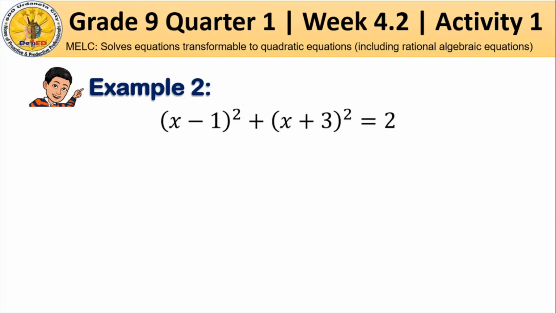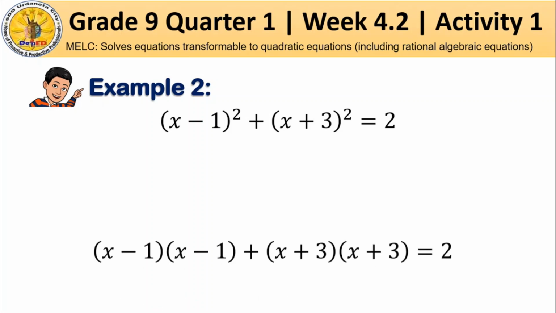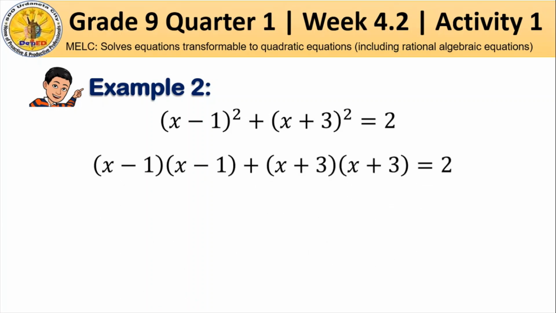We have the quantity x minus 1 squared plus the quantity x plus 3 squared is equal to 2. First, we expand this equation as the quantity x minus 1 times the quantity x minus 1 plus the quantity x plus 3 times the quantity x plus 3 is equal to 2. By FOIL method, we have x times x is x squared.